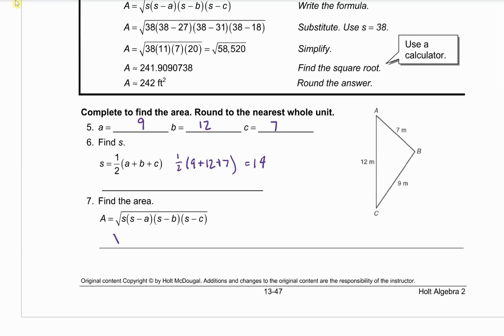So then I will do the square root of 14 times 14 minus 9 times 14 minus 12 times 14 minus 7. So that would actually be the square root of 14 times 5 times 2 times 7, which is 980.